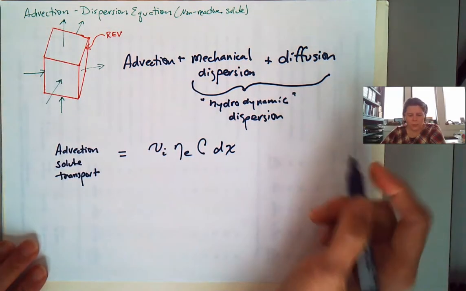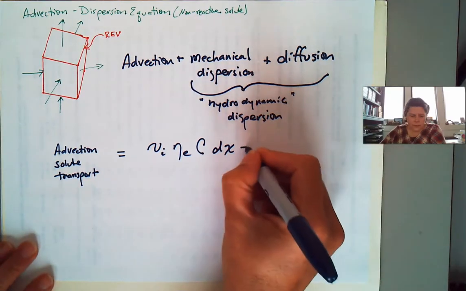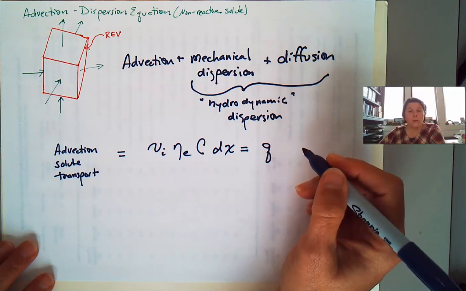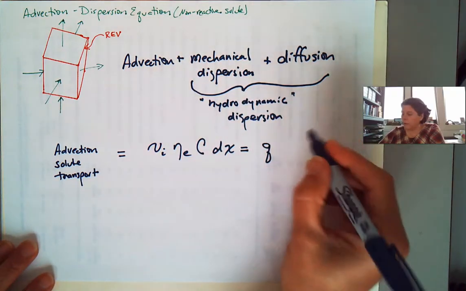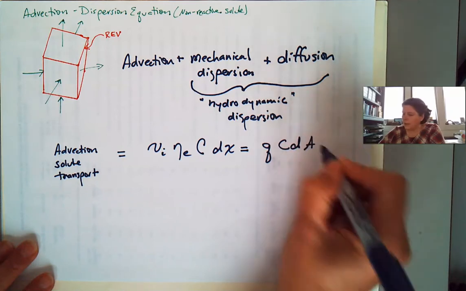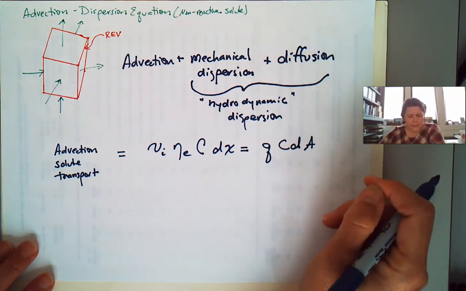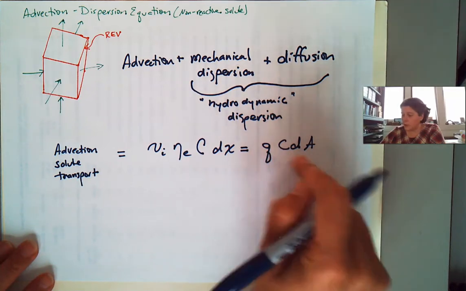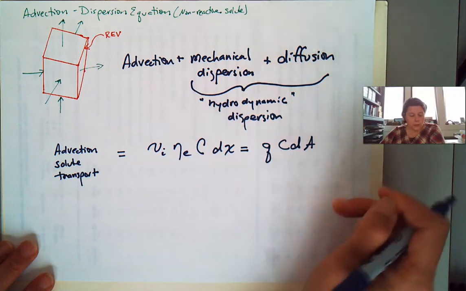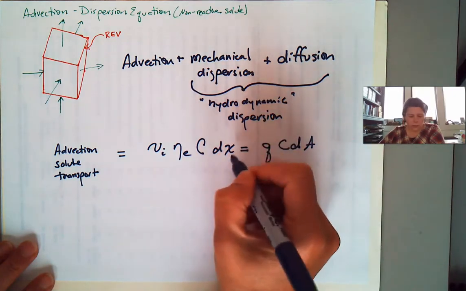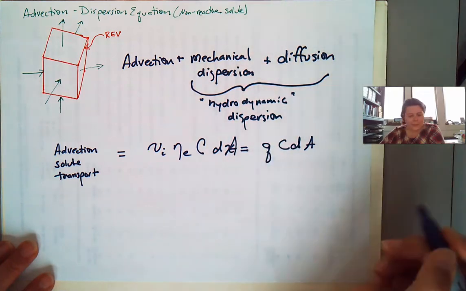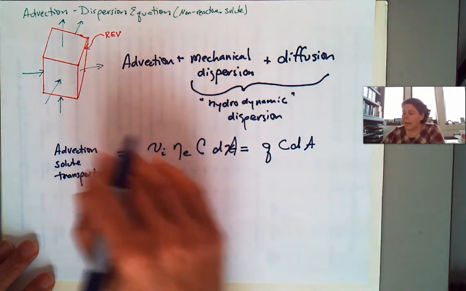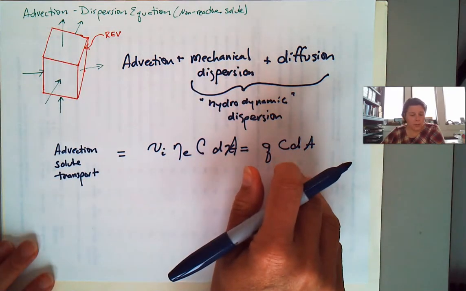This will equal Q, our fluid flux, the Darcian fluid flux, times the concentration times the area inside of there. So this is our specific discharge, the change in our concentration over a cross-sectional area. Ooh, that should be an A instead of an X. So that is the average behavior of a solute inside of there.